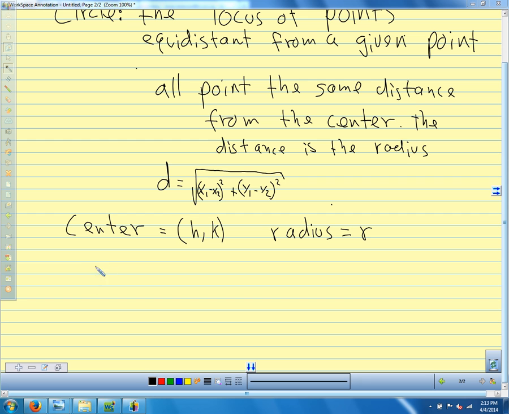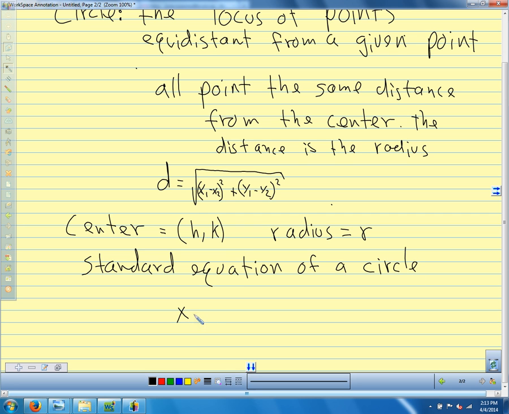So our standard equation for a circle is (x minus h) squared plus (y minus k) squared, and this should be familiar, I hope, equals r squared. So rather than putting the square root, we're just squaring both sides. So that's our standard equation of a circle, with the center at the point (h, k) and radius r.